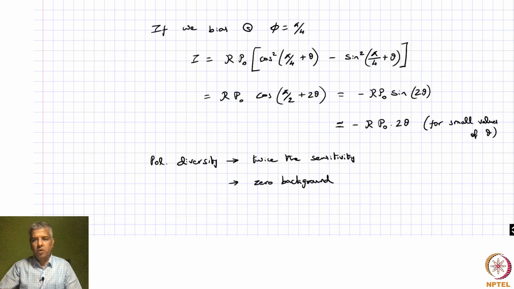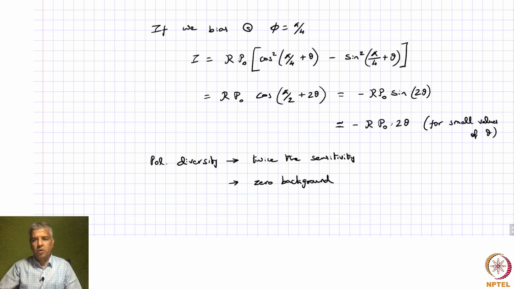But in this case you do not have that background, because you're doing a differential detection. When you look at I, you don't have a DC term. It's proportional to theta, so it gives you the signal with high sensitivity and zero background. That is the key point as far as using a polarization diversity scheme is concerned.